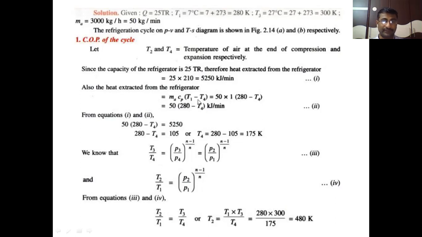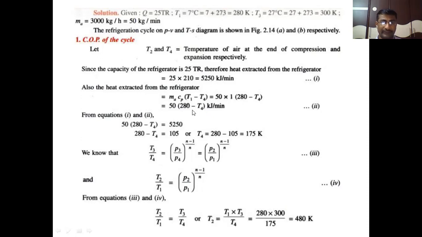So m Cp into delta T can also be used for heat extraction. So mass of air circulated is 50 kg per minute and Cp is 1 kilojoule per kg Kelvin, and T1 is given as 280 Kelvin and T4 we don't know. So 50 into (280 minus T4) kilojoules per minute of heat can be extracted by the system every minute.